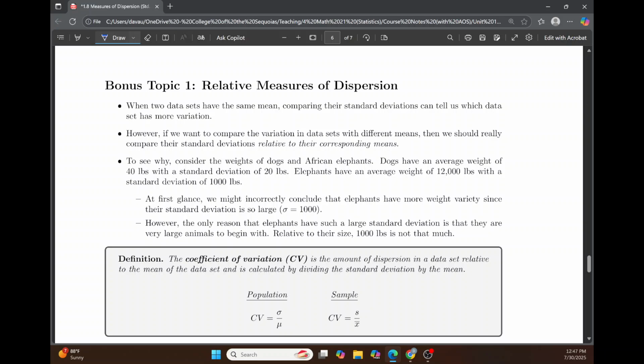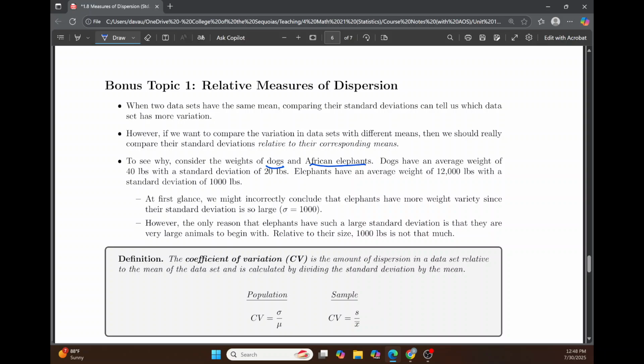You might consider the weights of dogs versus African elephants. Dogs have an average weight of 40 pounds with a standard deviation of 20 pounds. Elephants have an average weight of 12,000 pounds with a standard deviation of 1,000 pounds. Dogs have a lot of weight variety.